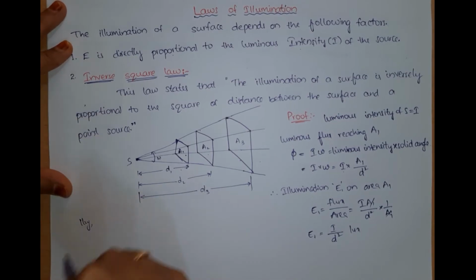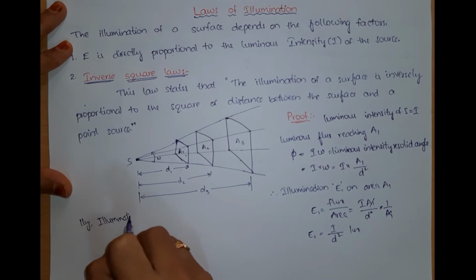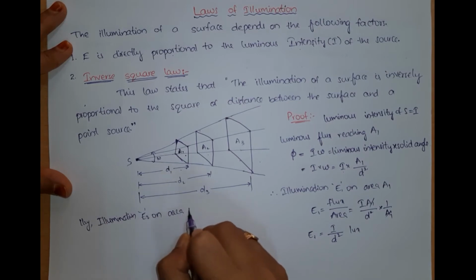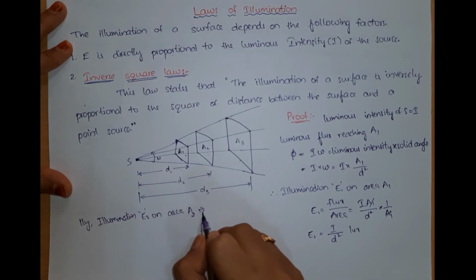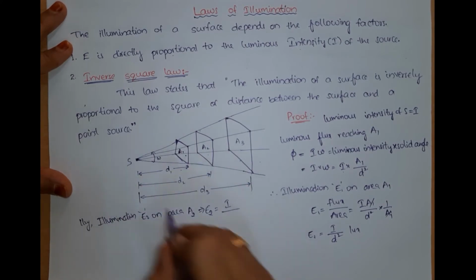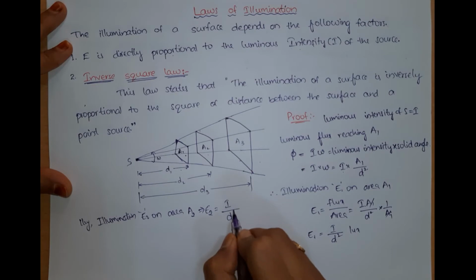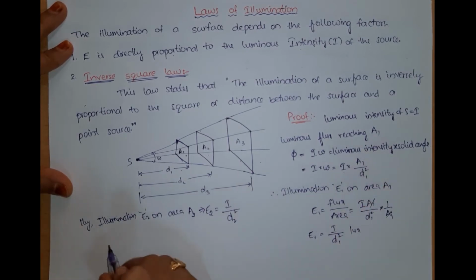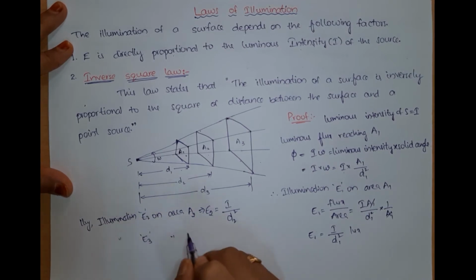Similarly, illumination E2 on area A2 will be what? Implies E2 is equal to, same illumination is constant, by distance now is what? D2 square, right? This is D1, D2 square. Similarly E3 on A3 is I by D3 square.